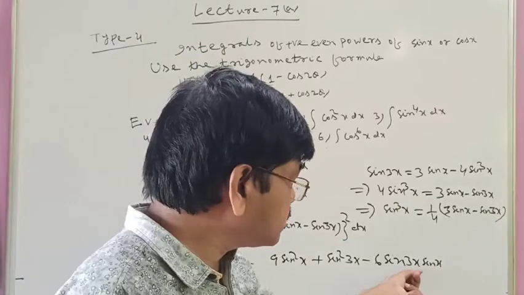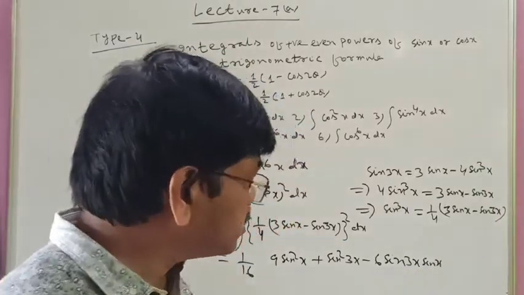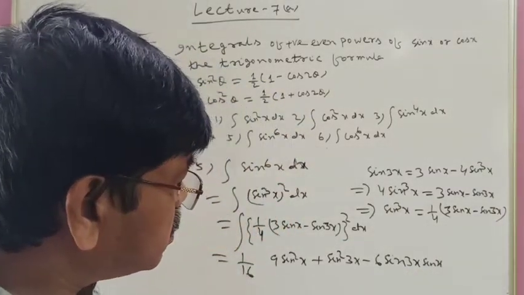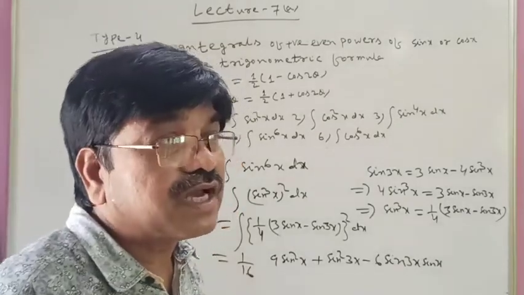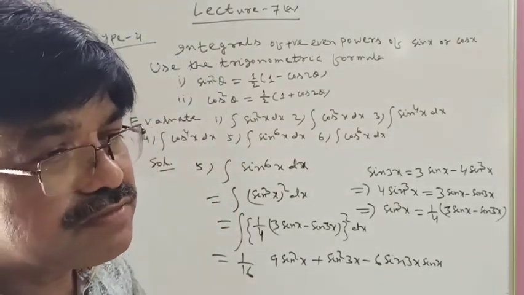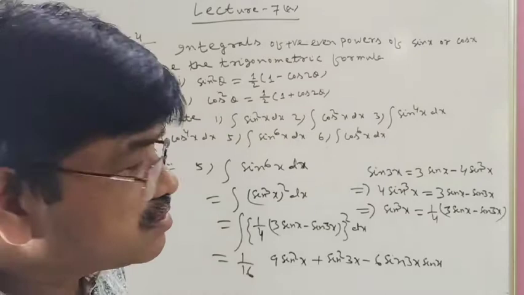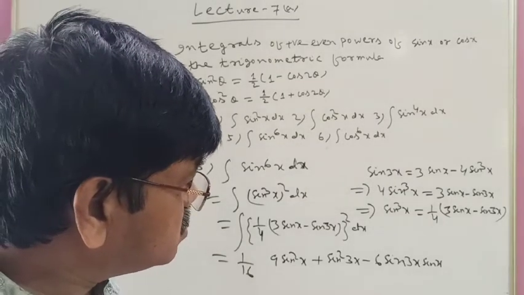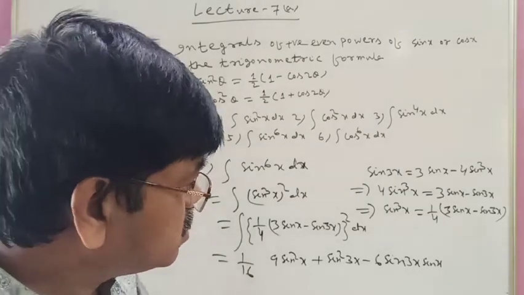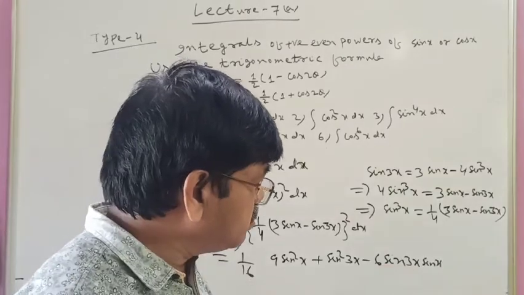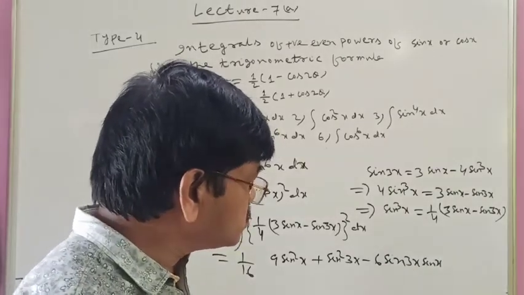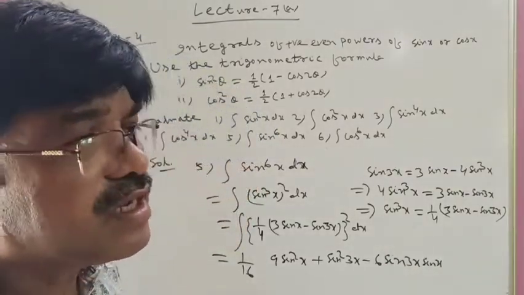But people write first x then 3x. Then in that case it will be cos of a minus b, means x minus 3x, minus 2x, minus cos a plus b, cos x plus 3x.